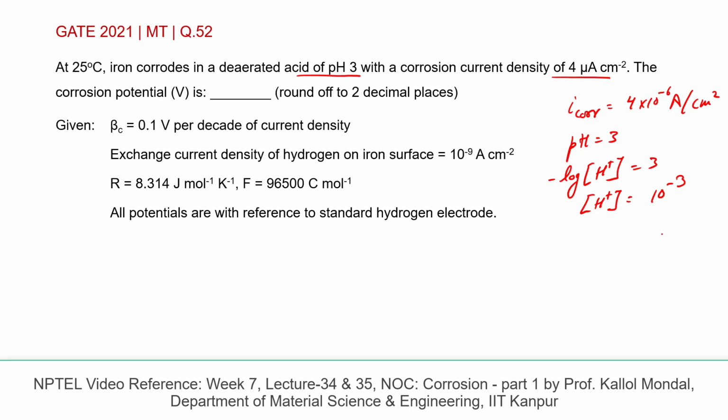Now, using the Nernst equation, we will find the reduction potential of hydrogen on iron. Since iron is corroding and it is an acidic solution, the hydrogen ions are going to get reduced to hydrogen gas on the cathode.